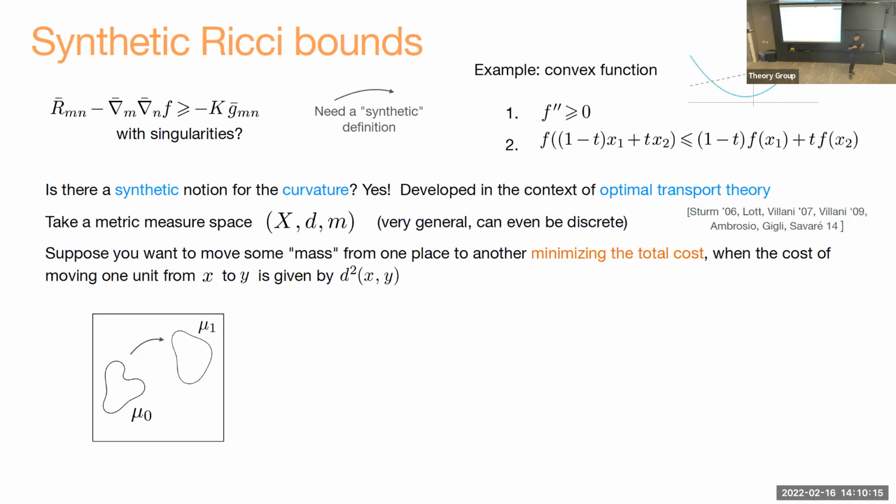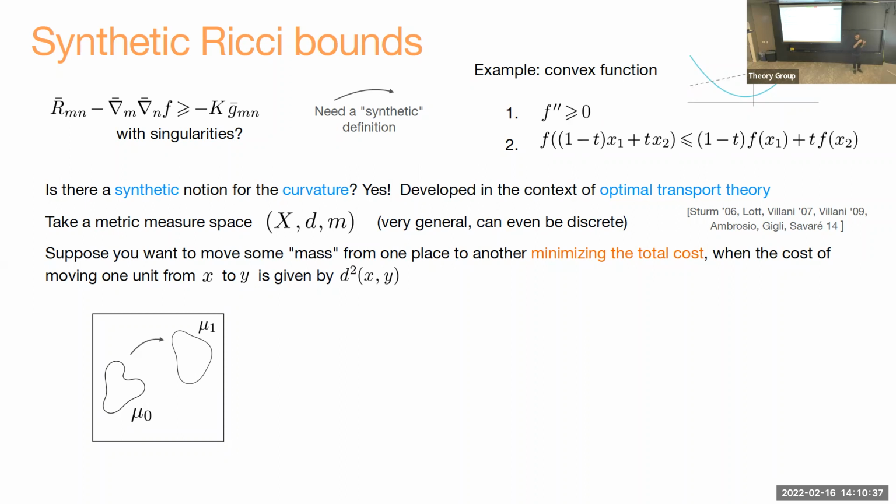An example can be the following. Suppose you have a city and you have some bakeries that produce bread, and you want to move the bread from the bakeries to the shops that need to sell the bread. And each bakery can produce a certain fixed amount of bread, and each shop can sell a certain amount of bread each day.